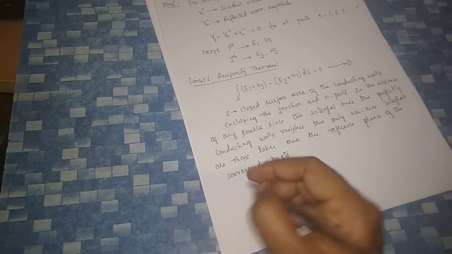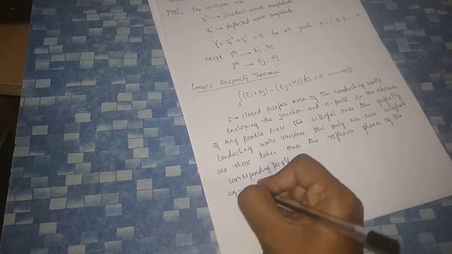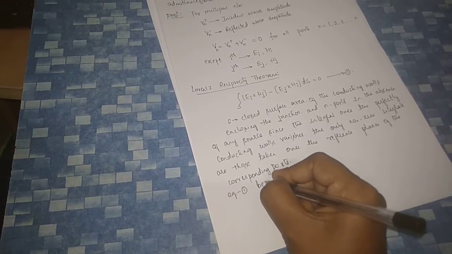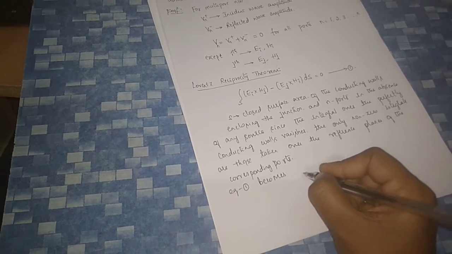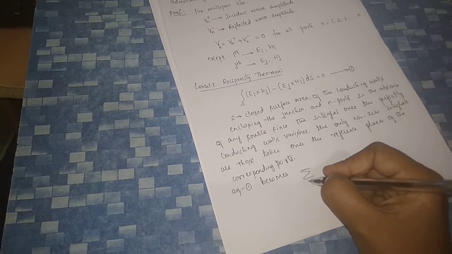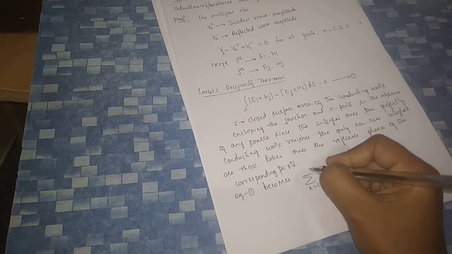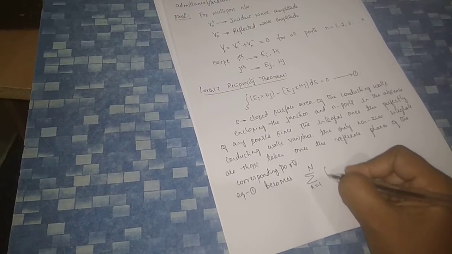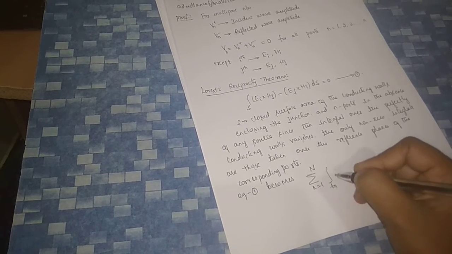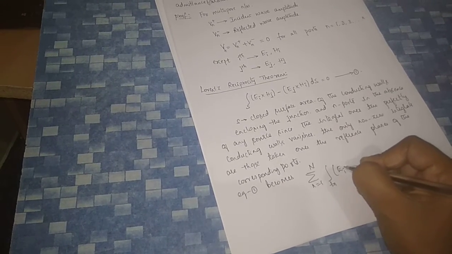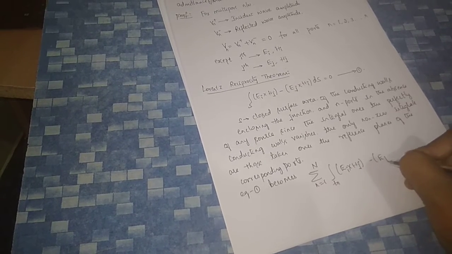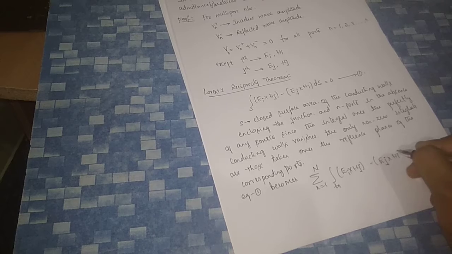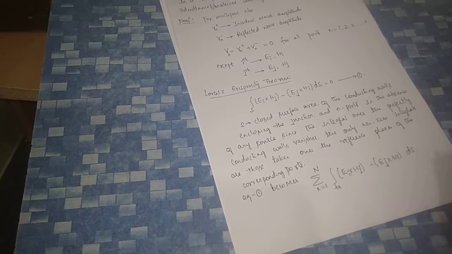Okay, now equation 1 becomes the summation n equal to 1 to N of the integral over Tn of (Ei into Hj minus Ej into Hi) into dS.